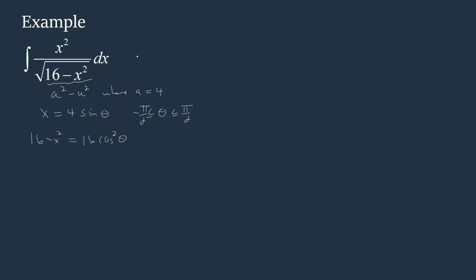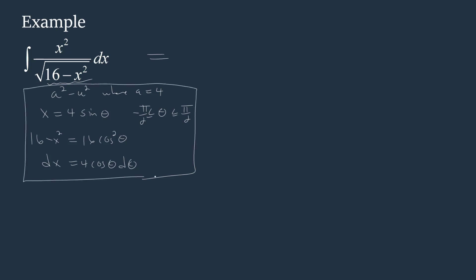So this will then become, since dx is equal to 4 times the cosine of theta d theta, the integration now becomes, using all this as preamble, the integration of the x squared, so that's 4 squared times the sine squared of theta. I have a square root of the 16 cosine squared of theta, and then the dx is a 4 times a cosine of theta d theta.